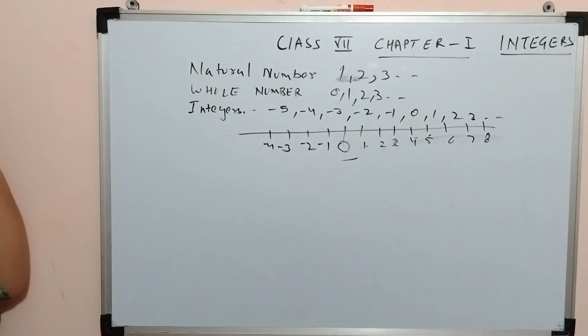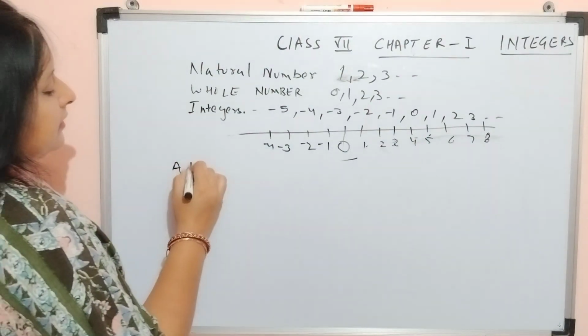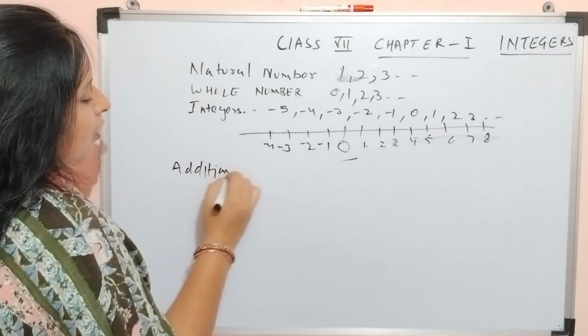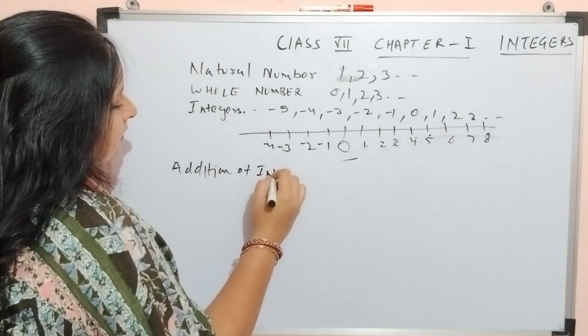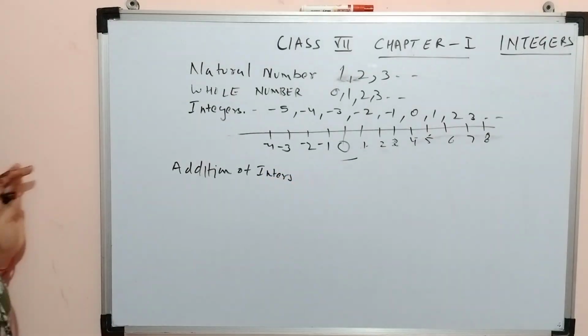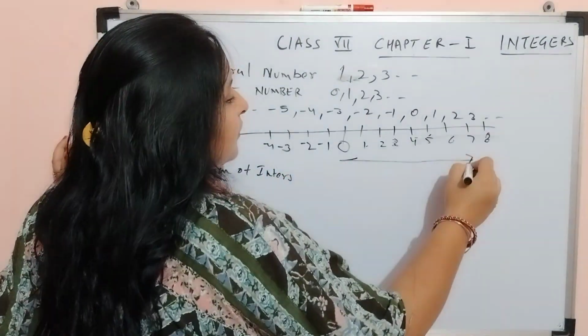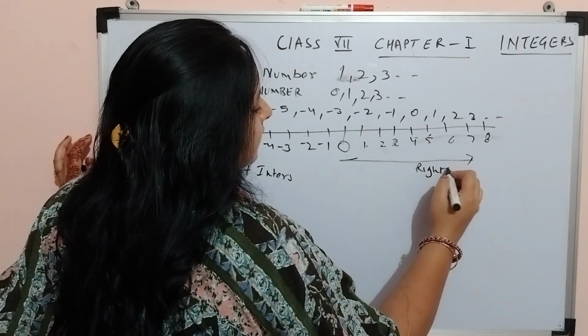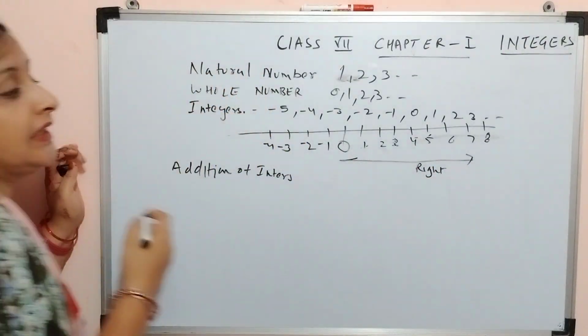Now we will discuss the addition of integers. So this is the increasing order. When you move towards right, these integers will increase.